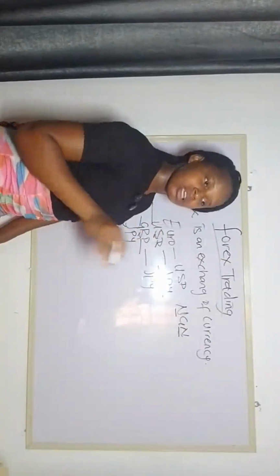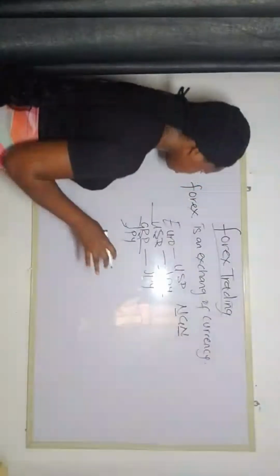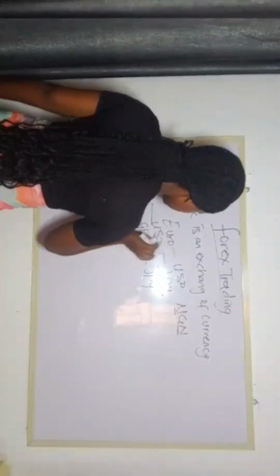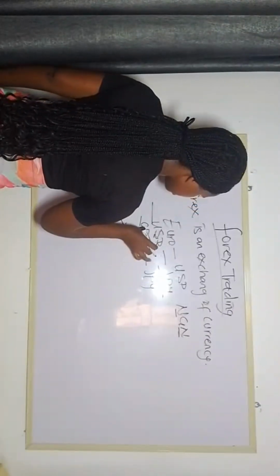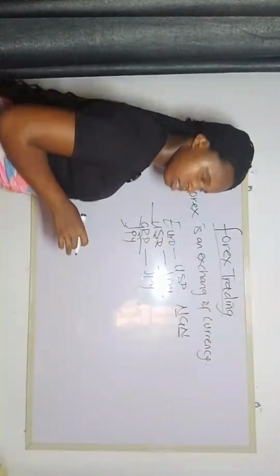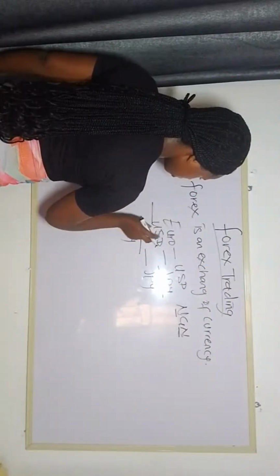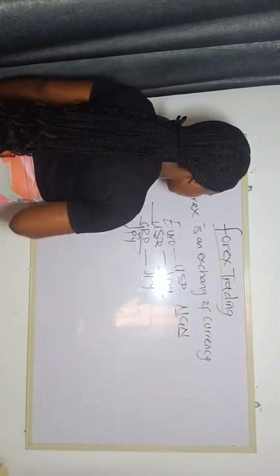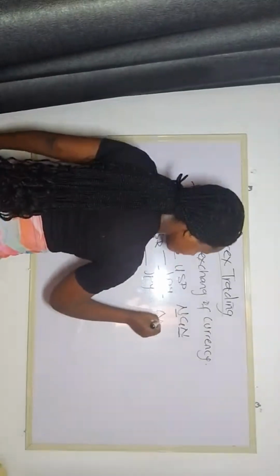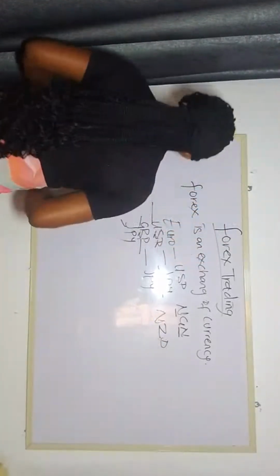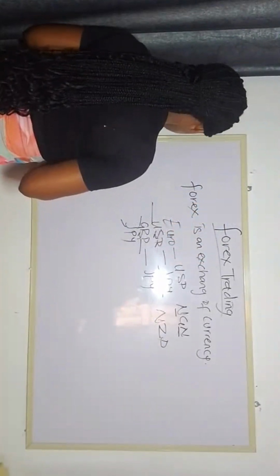So they use the country name and the country's currency. So whenever you see USD, know that it's the United States dollar. We also have NZD, the New Zealand dollar.